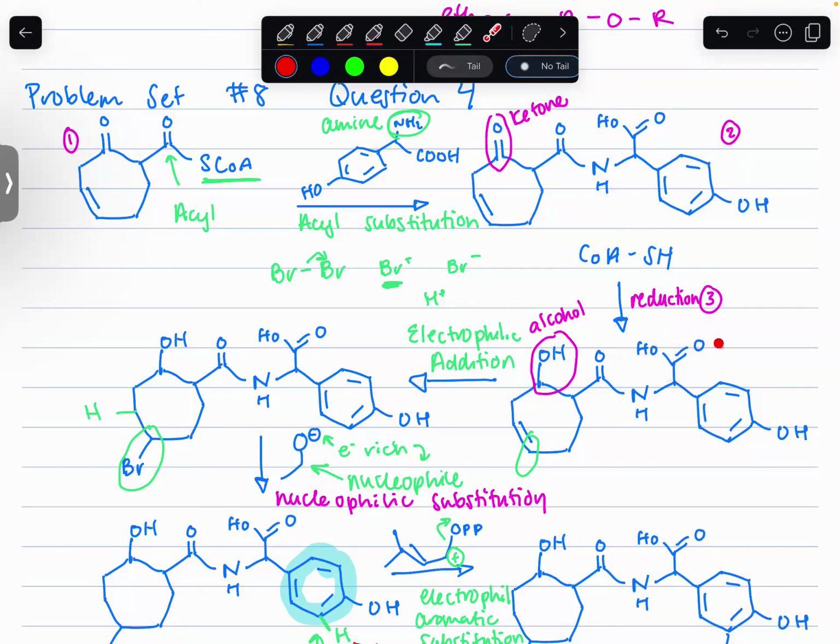So this would be reduced to an aldehyde, and then it could be reduced to an alcohol. Whereas if we were doing an oxidation, we could oxidize this alcohol to an aldehyde. That would be complicated because it's on an aromatic ring, but that's besides the point.